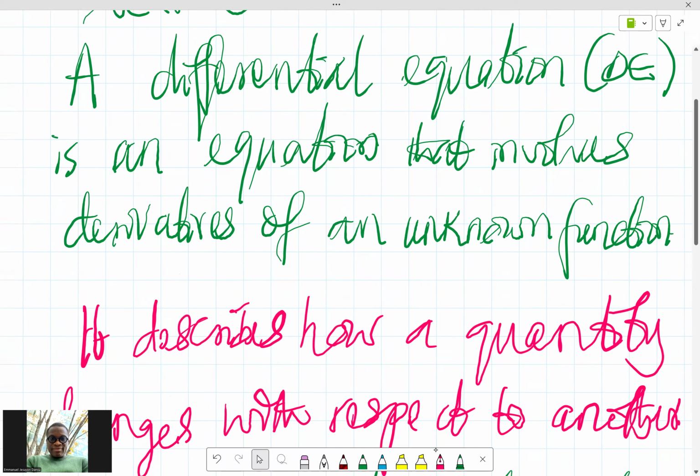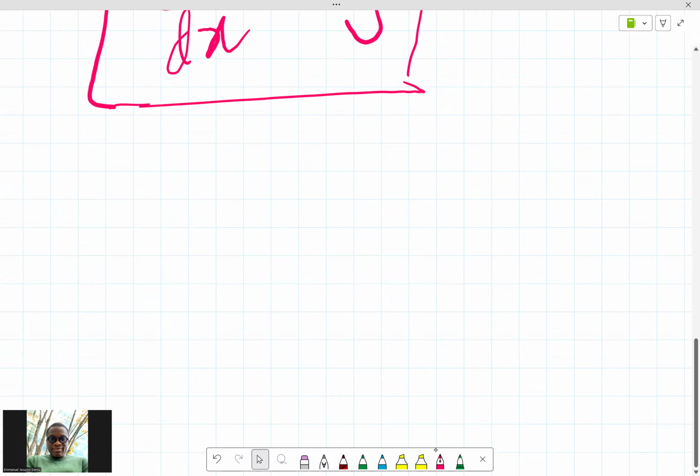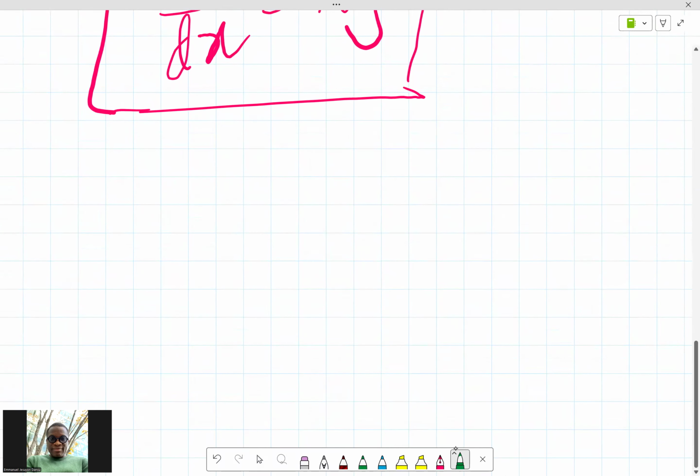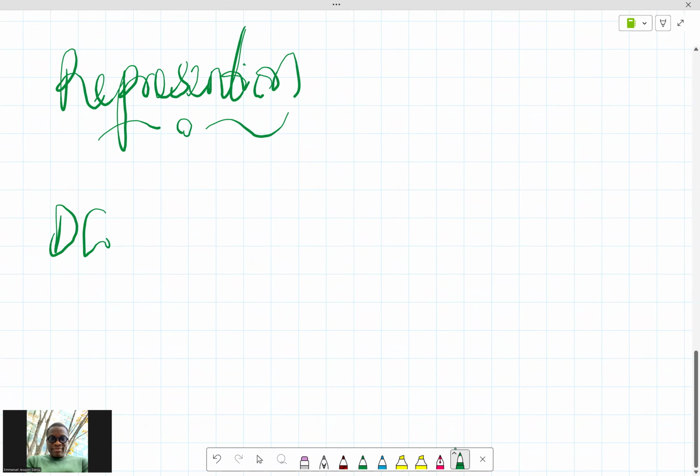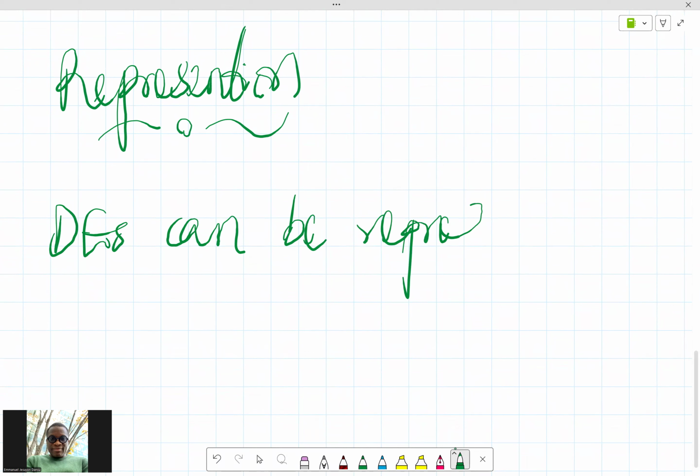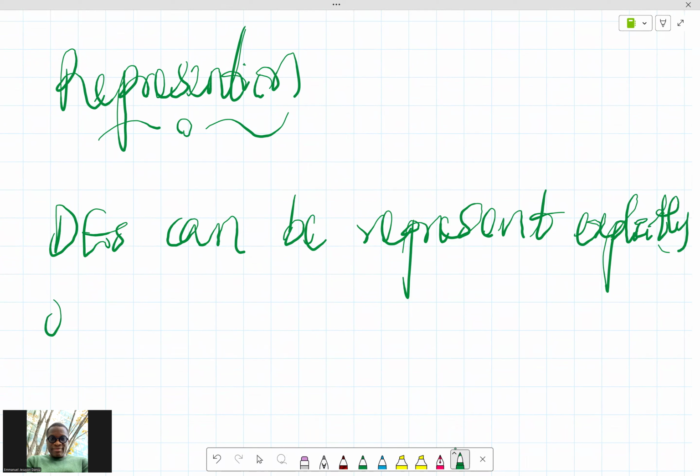Now, having talked about the definition, let's look at representation. How do we represent differential equations? Differential equations can be represented explicitly or implicitly. Now, if you remember when I was talking about basic calculus, I talked about explicit functions and implicit functions.